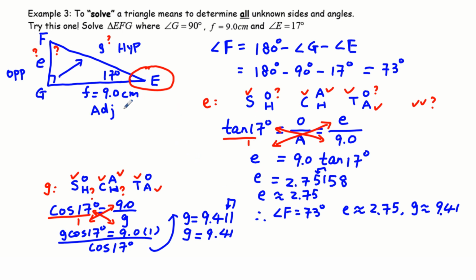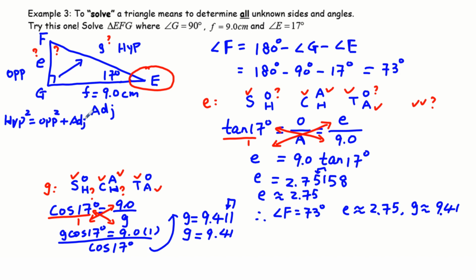And another way you can find G is to use the Pythagorean theorem. This is another method I will show you here. So hypotenuse squared equals the other side, opposite, squared plus the adjacent side squared.